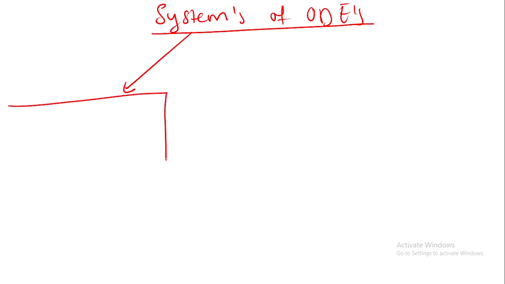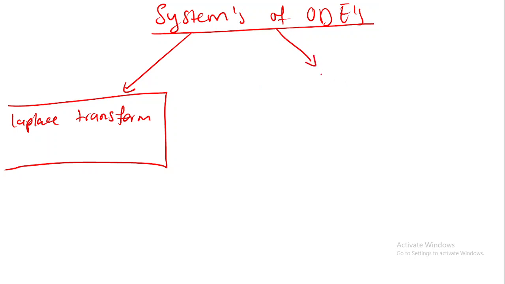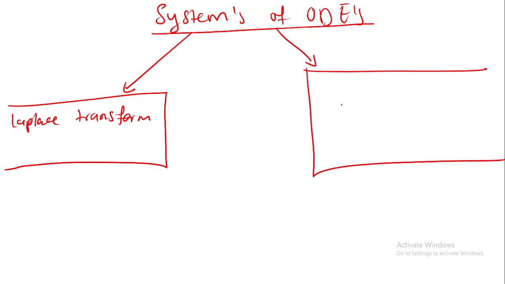This is the first method that you can use to solve systems of ODEs. The second method, which is prescribed for us to use, is the eigenvalues and eigenvectors.